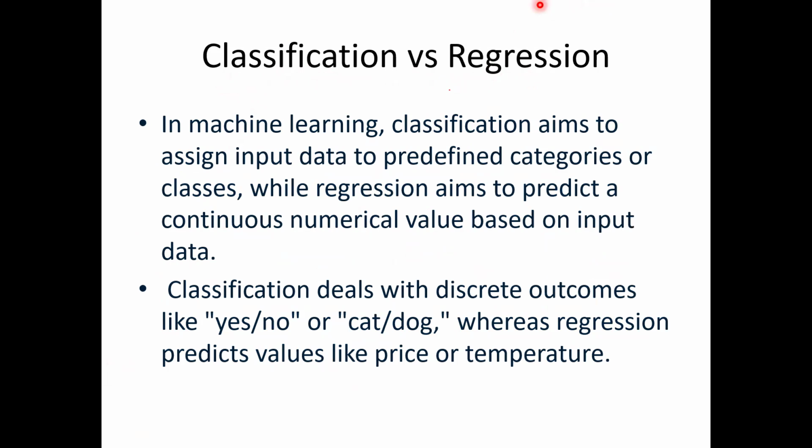In machine learning, classification aims at assigning the input data to predefined categories or classes. For these predefined data sets, we predict whether a particular data point belongs to that data cluster or not. Yes or no, that's it.